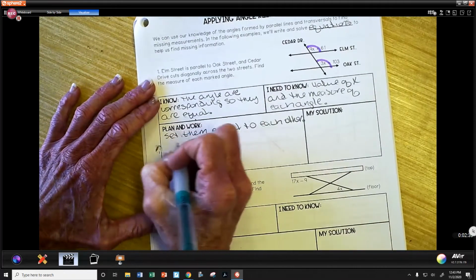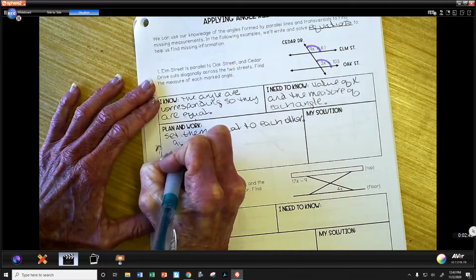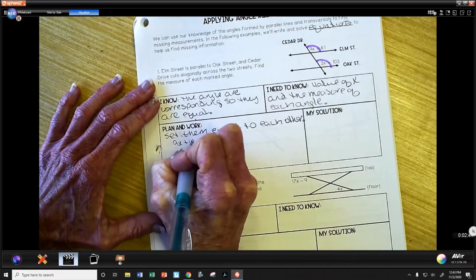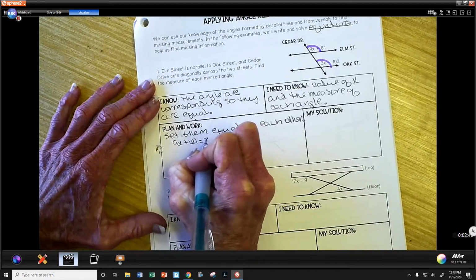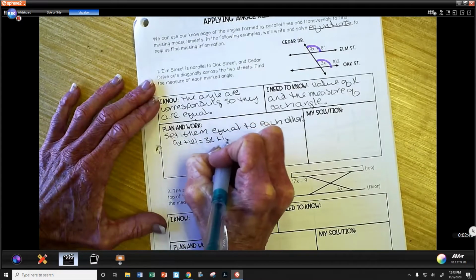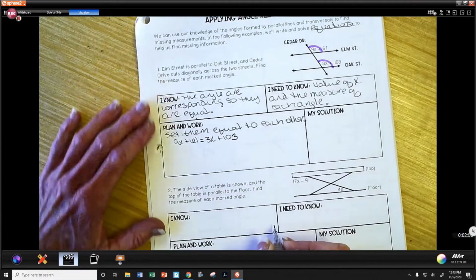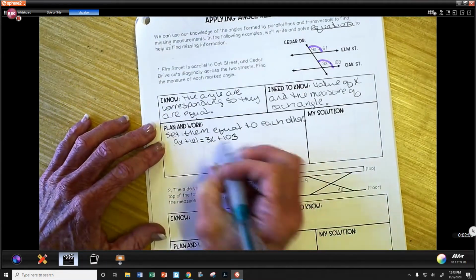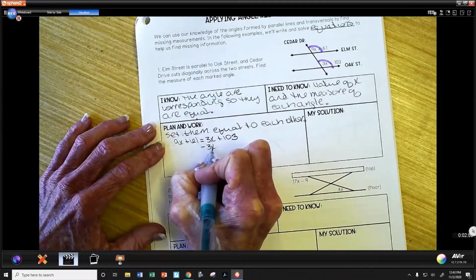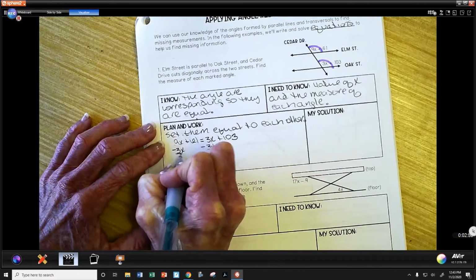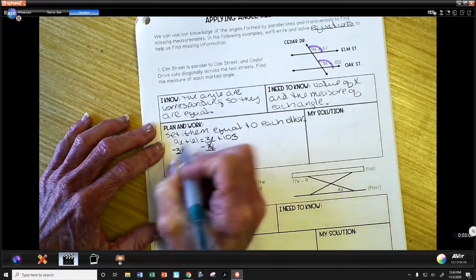Okay, so to do that, I'm going to do 9x plus 61 equals 3x plus 103. Now I need to get my variables to the left side. So I'm going to subtract 3x from both sides. So right now I'm solving for x.